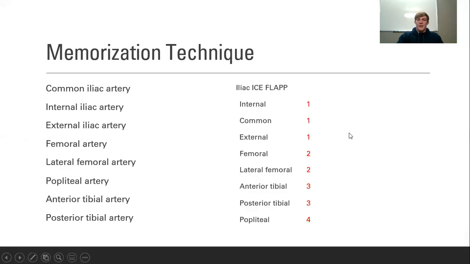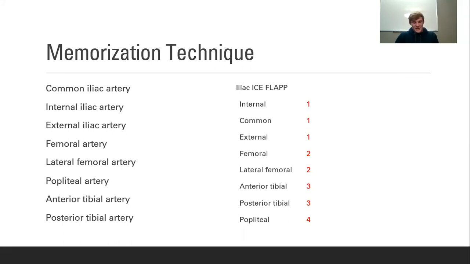All right. And then lastly, for the memorization technique, I already went through these. So we've got the common iliac artery, internal iliac artery, external iliac artery, femoral artery, lateral femoral artery, popliteal artery, and then our anterior and posterior tibial arteries.